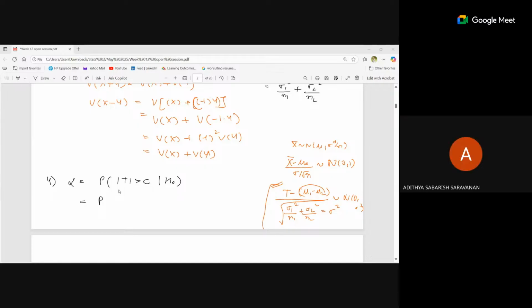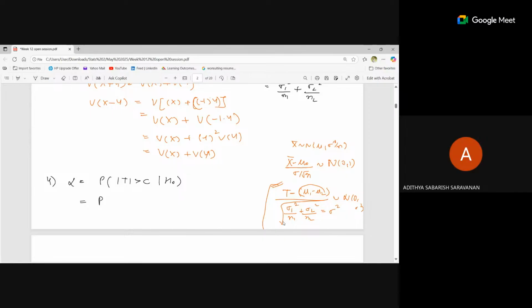But you wrote 0, comma sigma square. Why? According to the central limit theorem, when we subtract the expected value and divide by the standard deviation, it should follow N of 0, comma 1, not sigma square.